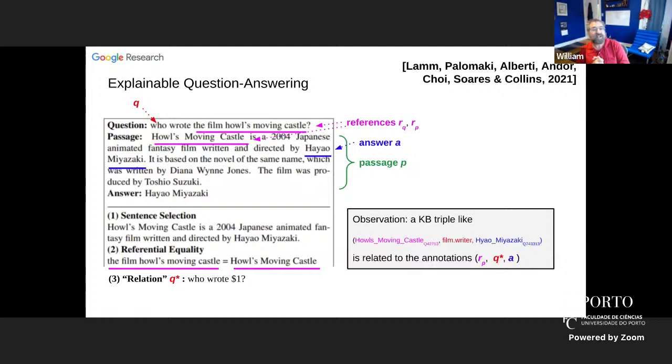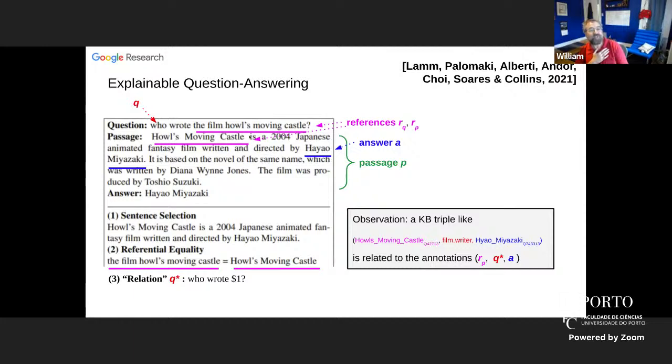Well, one idea that my group has been exploring recently is looking at data derived from explainable question answering datasets. There's a paper recently that came out where somebody was looking at a formalism for explaining a question answering process. If you have a question like this, we've got some reference to something, essentially an entity reference, and that corresponds to the reference of another entity reference in text.